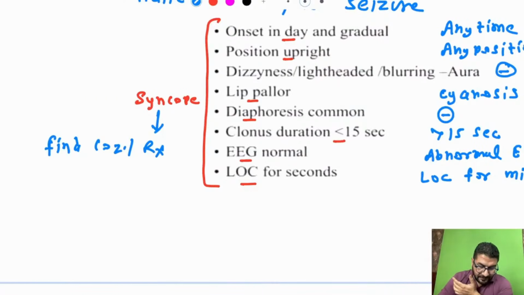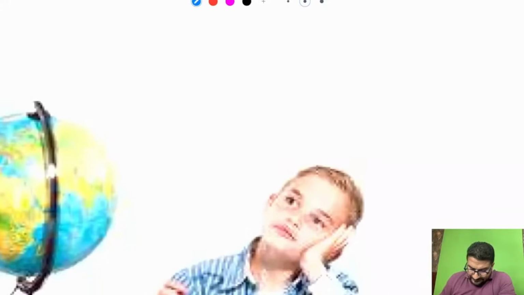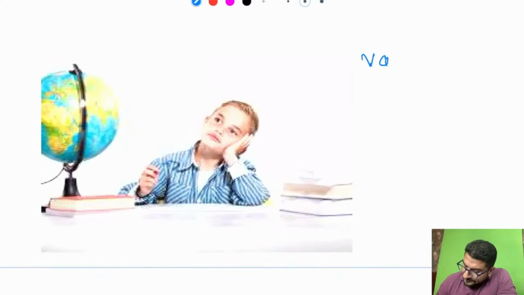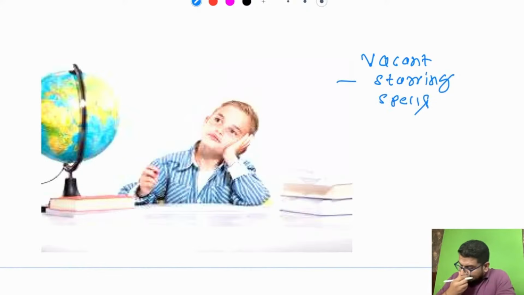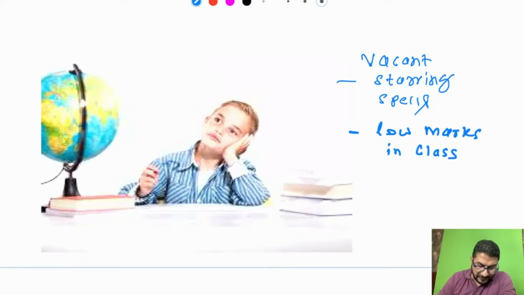Simple. Done? Okay, now coming to this type of seizures, we call this absence seizures. Absence seizure means what will be the patient's history? They will tell you the patient is having vacant staring spells. Vacant staring spell means suddenly for a short time blackout spells come. IQ is normal, but still this child will be having low marks in class, because for a short time the child goes absent, right? Then try to understand these patients. If you notice, these patients will have 2 to 4 hertz spike and dome pattern.